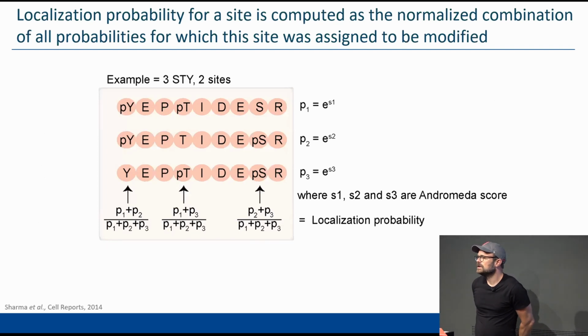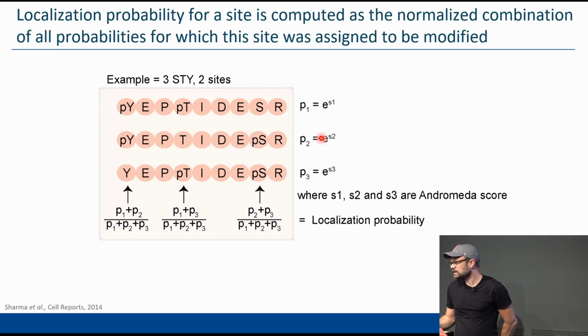Okay, so let's talk about the localization probability for a site. This is an example, there are three sites on this peptide. 1, 2, 3. And to calculate the probability for a site here, the Andromeda scores that we calculated are used.